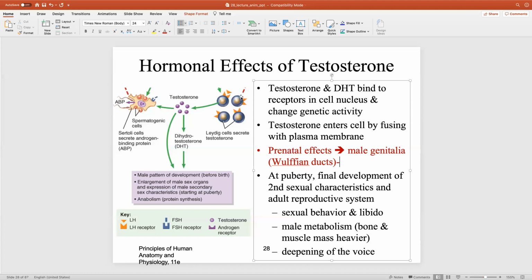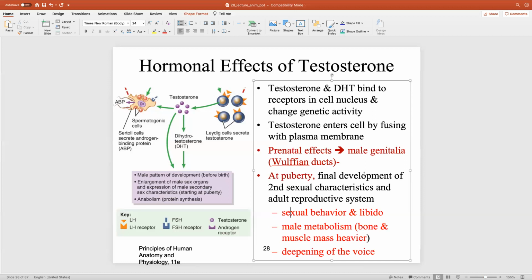Now, we also will see testosterone release at puberty. And as we mentioned before, that will cause the secondary sexual characteristics that we see, the deepening of the voice, the increased male metabolism, which allows you to have increased muscle growth and increased sexual behavior and libido.